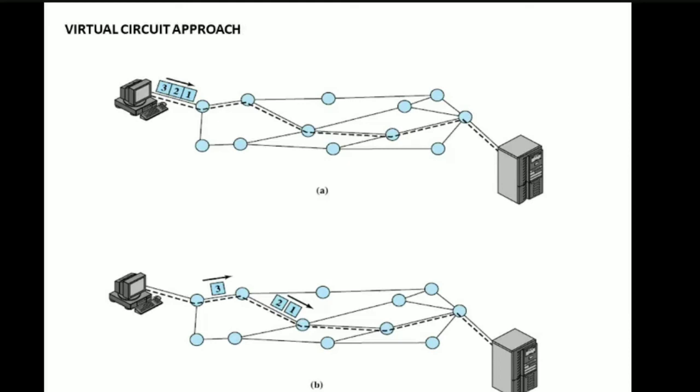Because the route is fixed for the duration of this logical connection, and do remember this is not a physical connection, it is a logical connection, but it is somewhat similar to the establishment of a circuit in a circuit switching network, right? So for this reason it is referred to as a virtual circuit network.